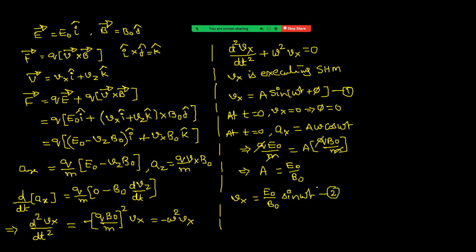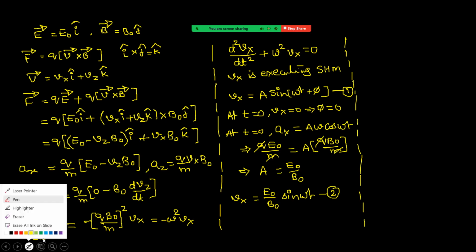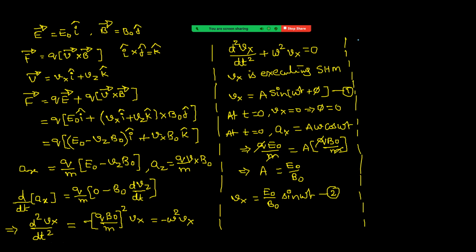This is Vx. Now focus on how to get the Vz value. See carefully, getting the value of Vz. See where Az is. Az = (q/m) Vx B0.